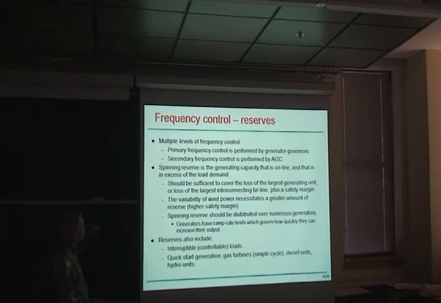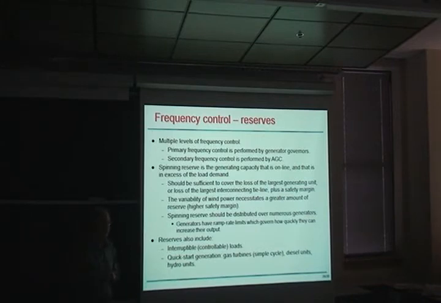And the spinning reserve just says, I've got to have enough capacity available in online generation that's unutilized to make sure I can cover for the largest loss of generation. So when you have more and more wind, you have to make that spinning reserve bigger to be able to cover for coincident events where you might have a drop in wind at the same time as you lose some other generation.